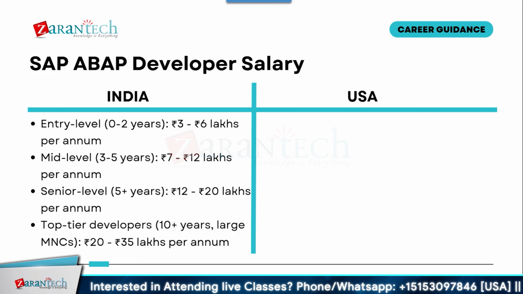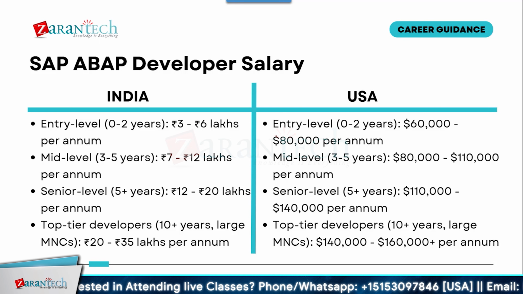Now, if I talk about the USA, then here the entry level salaries start from $60,000 to $80,000 per year. For instance, a new hire at a tech firm could make $65,000 per year. If I talk about mid-level developers, then they can earn between $80,000 to $110,000 annually.